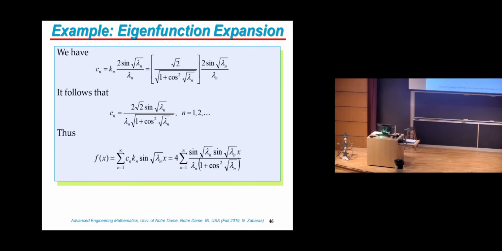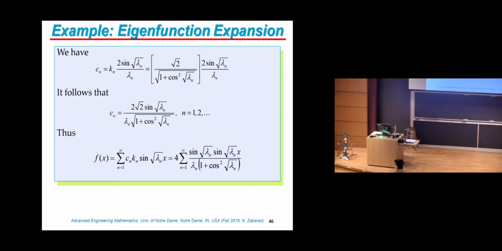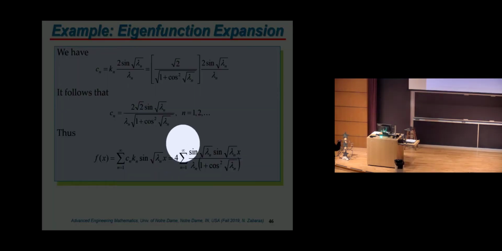And there is the final answer. I mean, sounds an interesting result, right? So if you want to expand the linear function x in terms of these eigenfunctions, yes, you can do it. The Sturm-Liouville theorem on expanding f of x tells you that you can do it. And you can see the expansion has these basis functions and these weird coefficients.